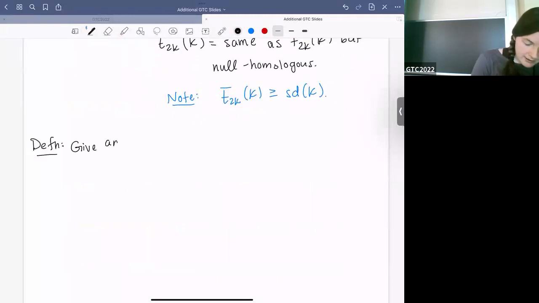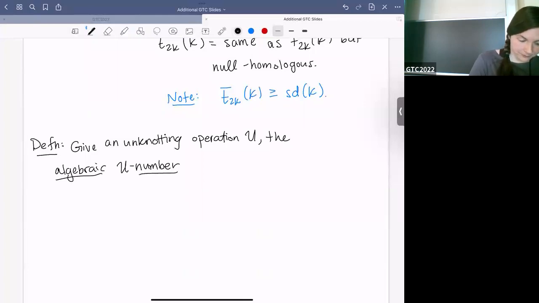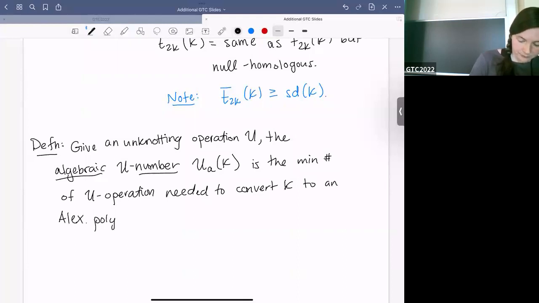So given an unknotting operation, say U, then what we call the algebraic U number, and we'll denote that with a subscript of A, is the minimal number of U operations needed to convert K to not the unknot, but an Alexander polynomial 1.